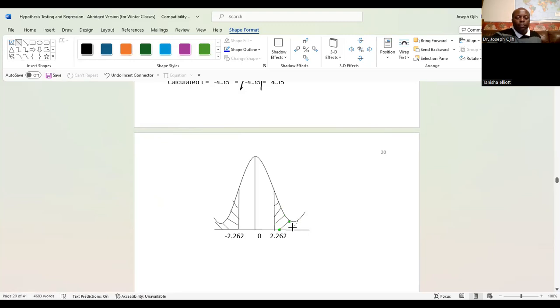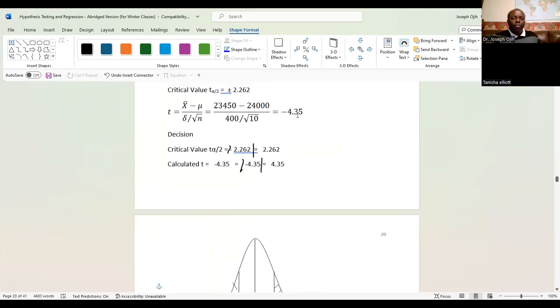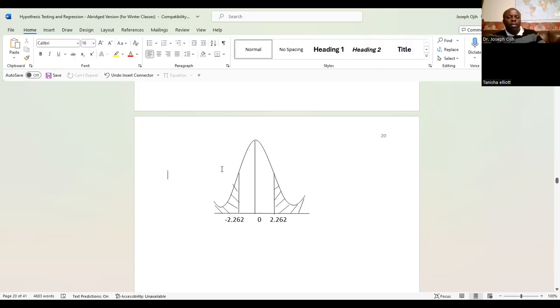Now we have it. Now you can see that our answer is negative 4.35. You can see that negative 4.35 fell in the rejection region, which is on the left, going left. I'm saying negative 4.35.